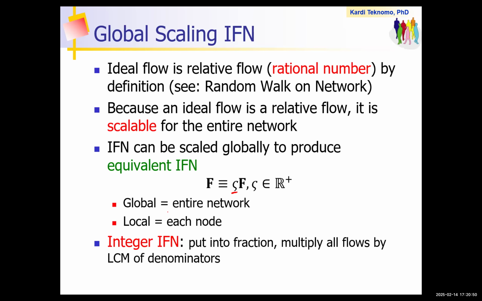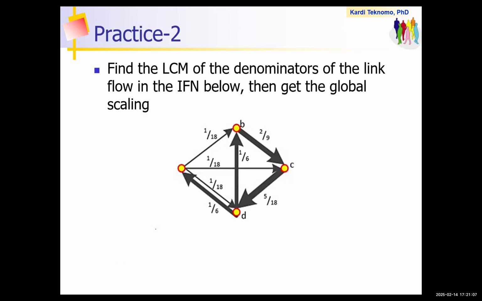There is another theory of IFN where we can multiply each node with a local scaling, which is out of the scope of this subject, because the mathematics will be too deep. Anyway, I hope you can start to practice.